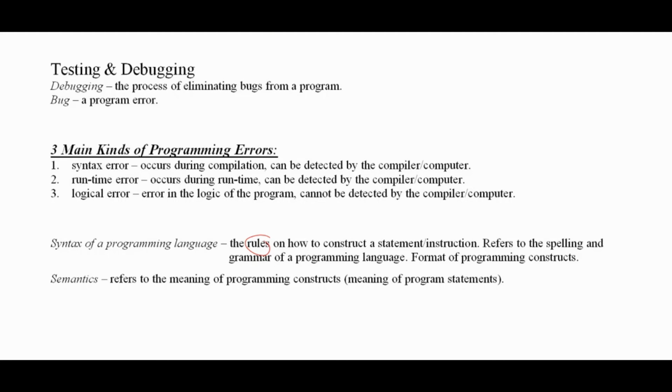It refers to the spelling and grammar of a programming language or the format of programming constructs, how to construct an instruction, a statement in that programming language, while semantics refers to the meaning of the programming constructs or the meaning of program statements. Like for example, the syntax to declare a variable is this one, data type, one or more spaces.